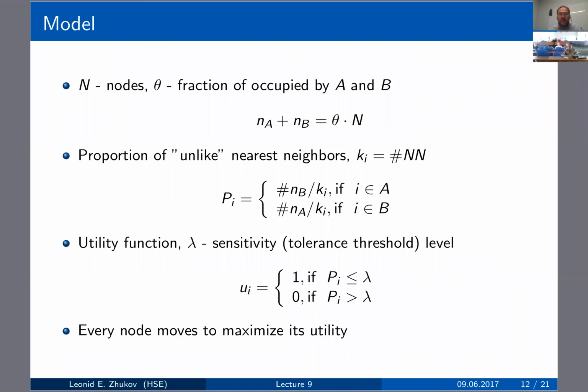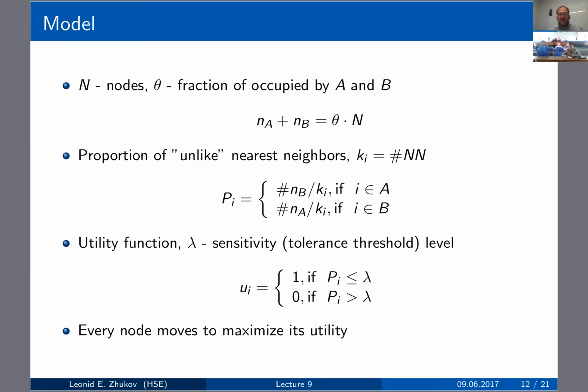But the other goal is to introduce you to the agent-based modeling approach, so that you can use it whenever you want to solve problems that have a large number of interacting agents, where the moves for local agents are very simple, but the system in general becomes very complex. So that's the way to solve it.